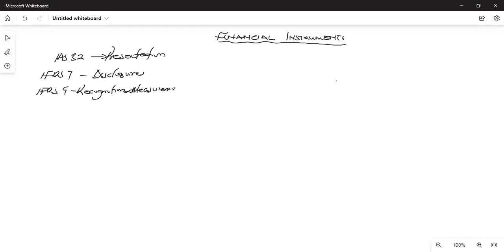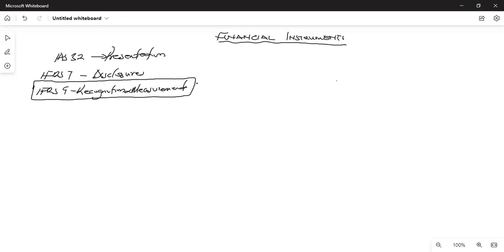But for those of us doing FR, this is the part that we are supposed to go through. So that is the part your syllabus wants us to actually go into and deal with.